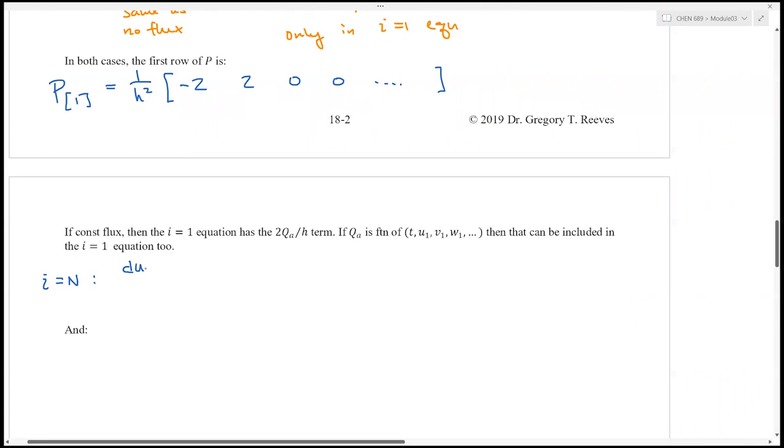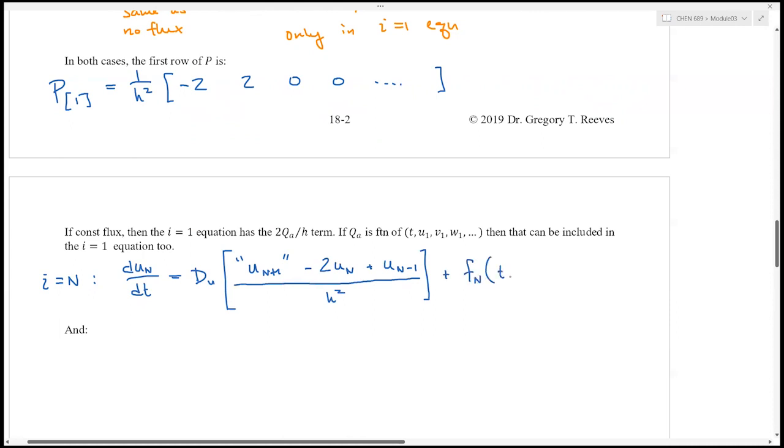So the i equals n equation is dun/dt equals the diffusivity of u times (un+1, and now that's the fake term, minus 2un plus un-1) all over h squared plus fn, which is in general a function of time, our state variable u at x equals b, our state variable v at x equals b, any other state variables that are in the problem, all evaluated at the boundary b.